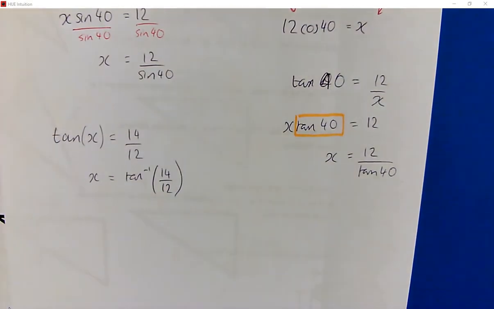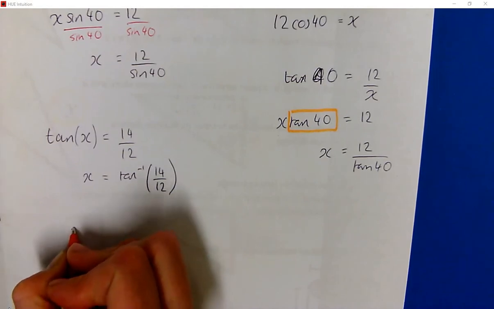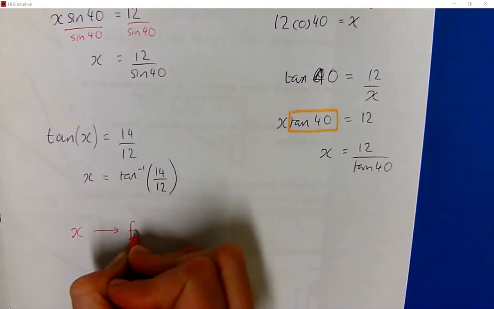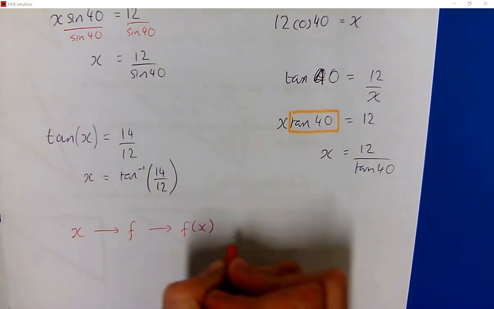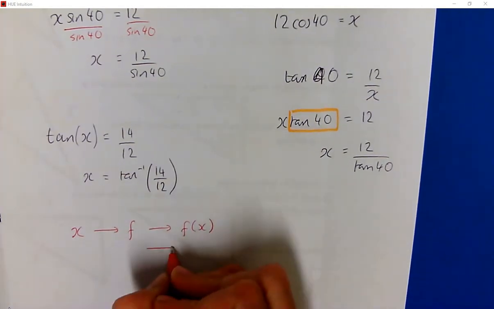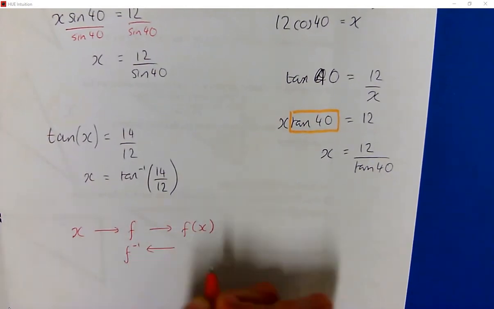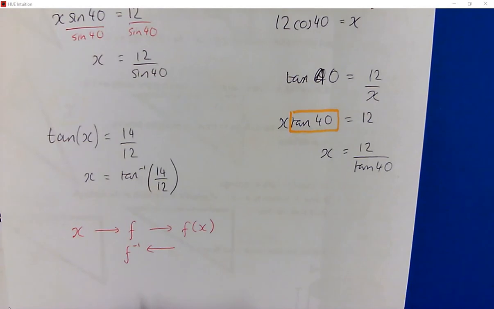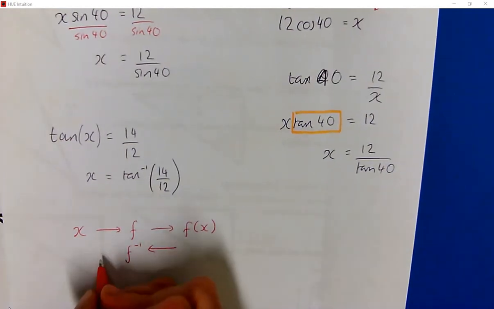Okay, so just to reiterate what that means. If you remember function machines, if you start with a number and then you do some function to it, then you end up with f of x. And if you go backwards, you need to do the inverse. Okay, and if you did that in year 9, then we put a little -1 there to show we were doing the inverse.